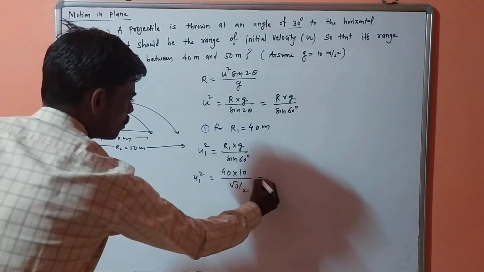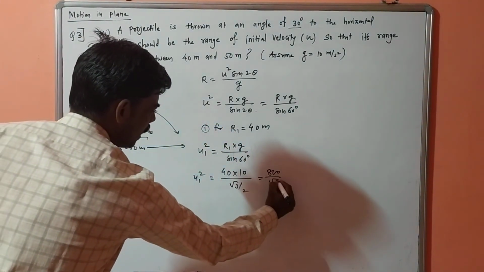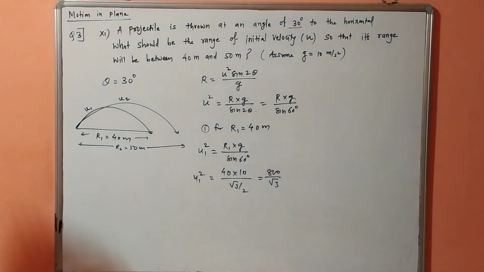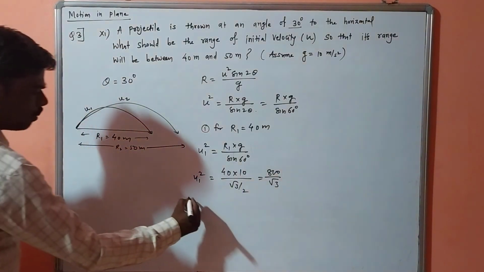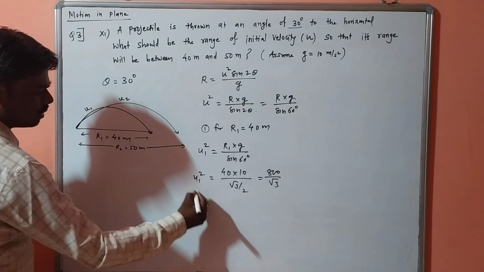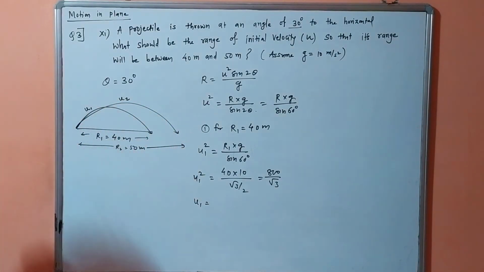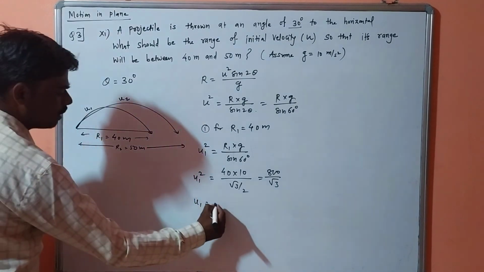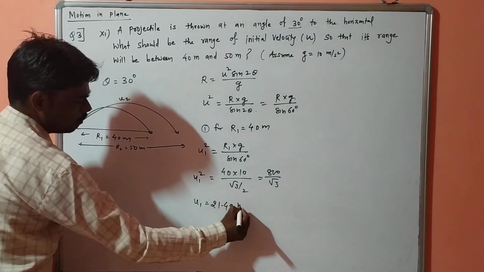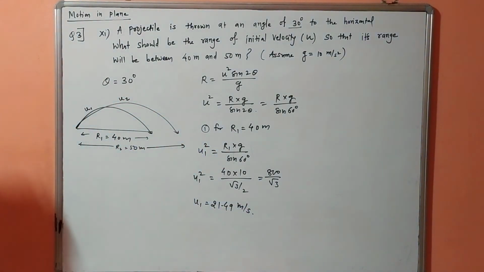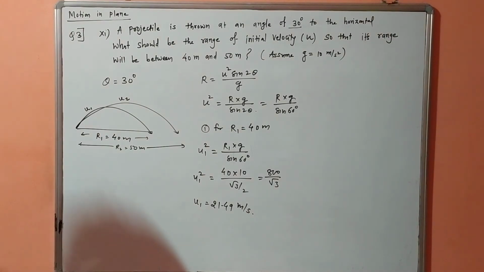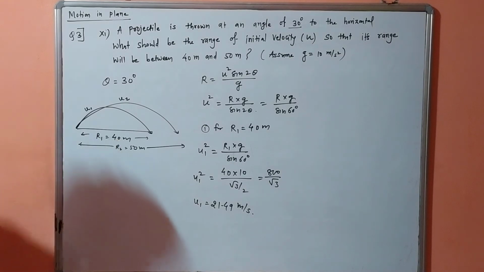So it becomes 800 by root 3. So the square root of 800 by root 3, this value is nearly equal to 21.49 meter per second. This is the first velocity which we get for range 40 meter.